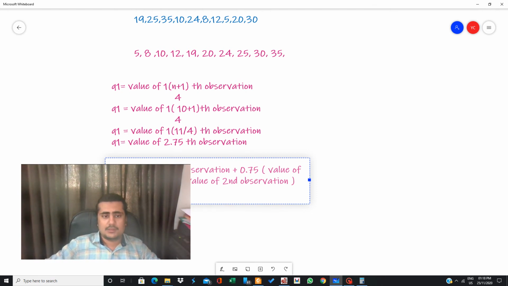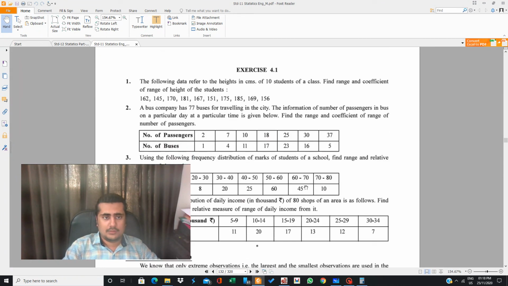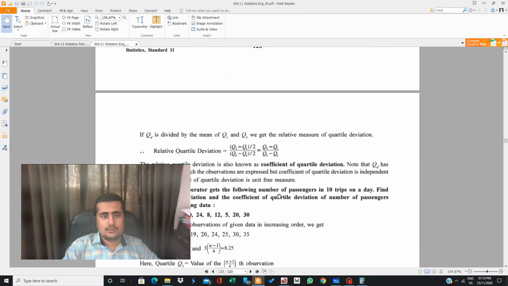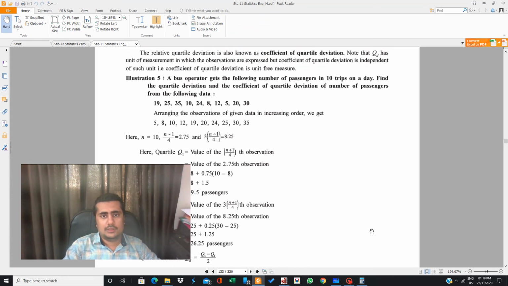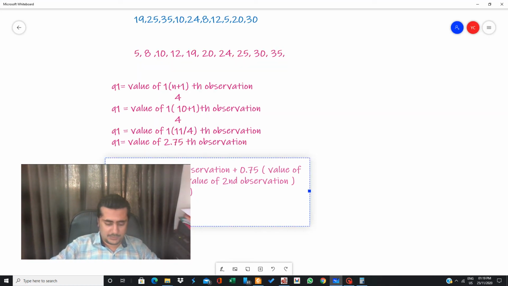So 8 plus 0.75 into, now your value of third observation is 10, 10 minus 8. So your Q1 will be 8 plus 0.75 into 2, so 8 plus 1.5. So my Q1 is 9.5 passengers.